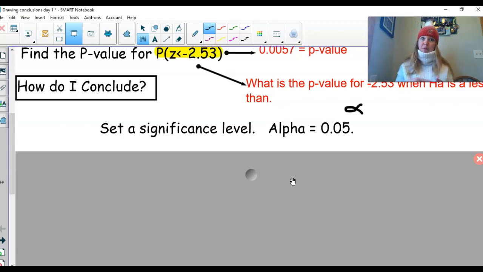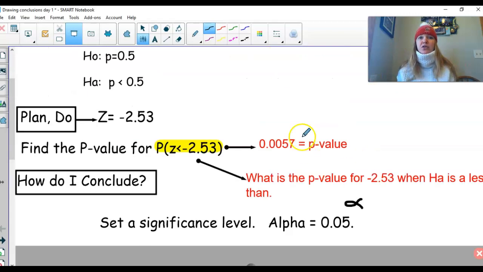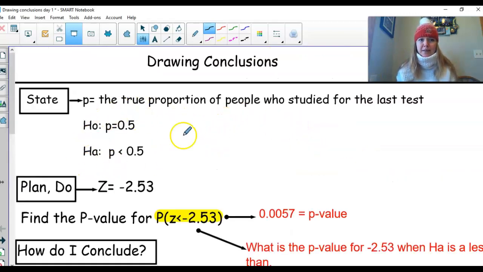A lot of the time we will give you one, but if we do not, use 0.05. So we're going to set our alpha at 0.05, and this is going to help us make a decision about the null and the alternative.